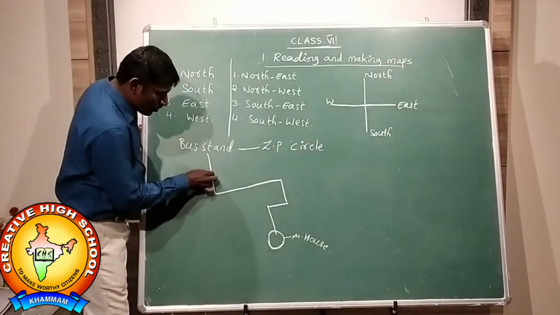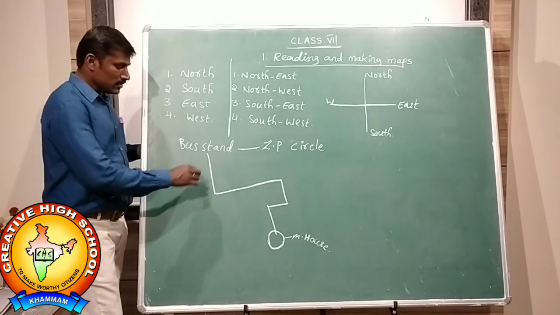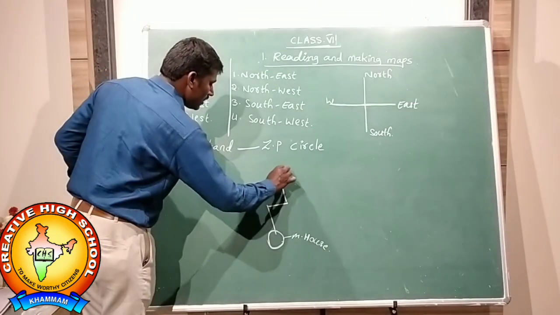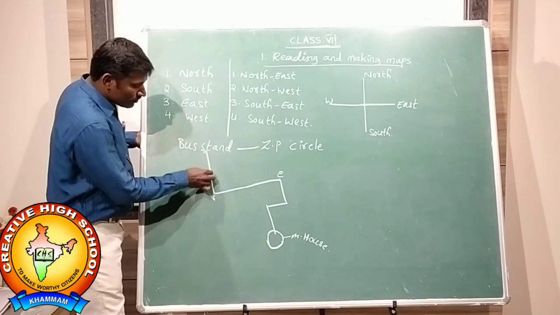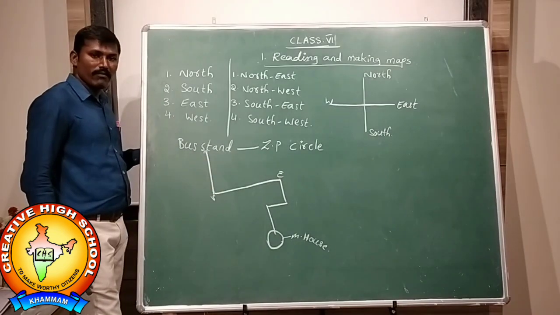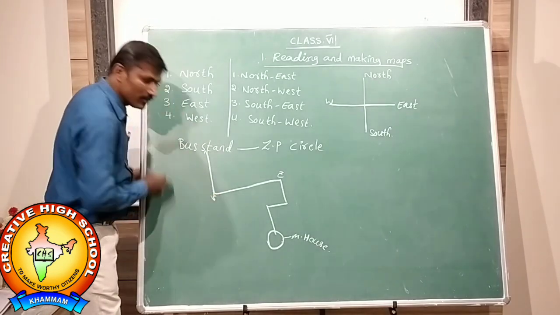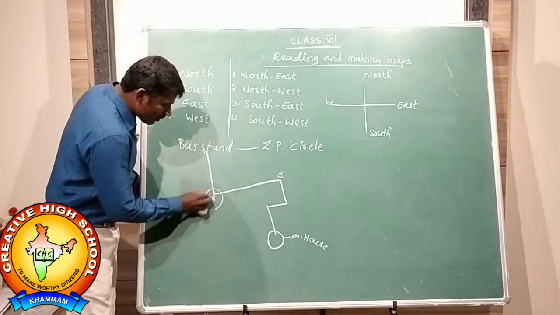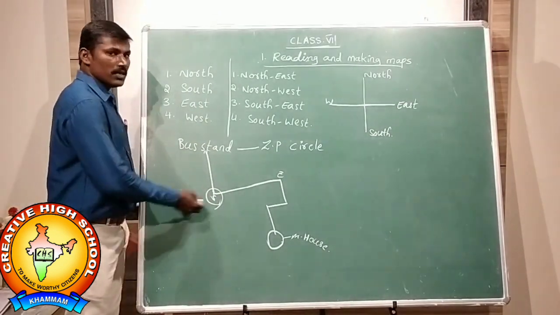From bus stand to outside, if we take here, this is the north, this is the south, this is the east. Which direction did she travel? She traveled to the south direction. How are we able to tell this? Because we know these directions.